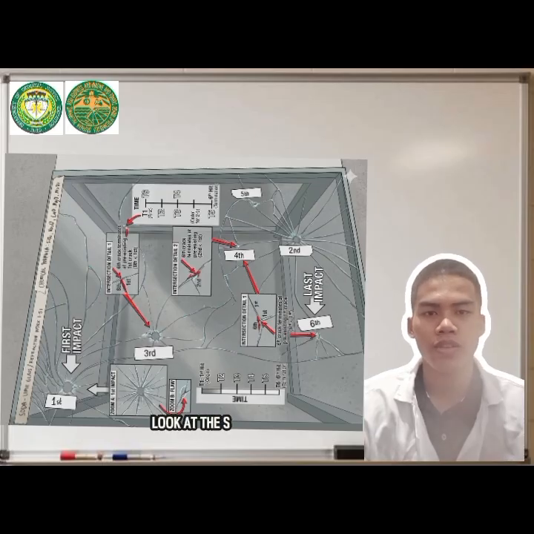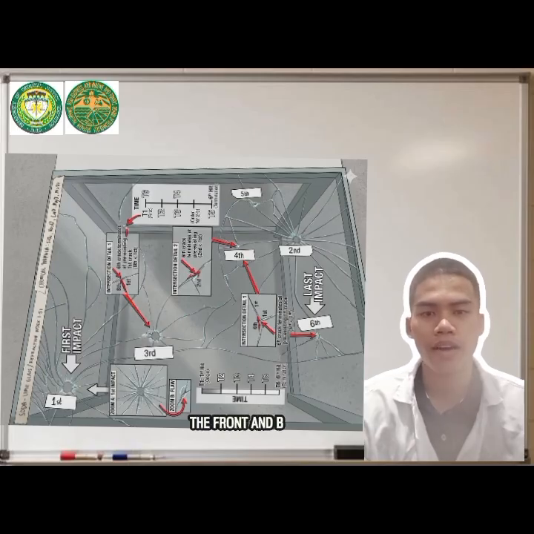Look at the stress marks under the microscope. The radial fracture forms a right angle, 90 degrees, on the reverse side. The important rule: the radial fracture forms a right angle on the reverse side.